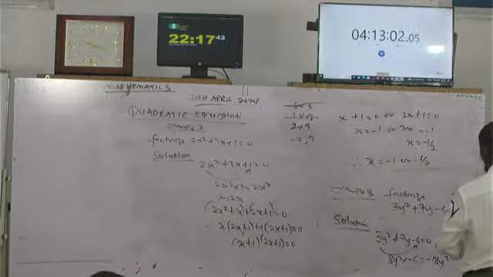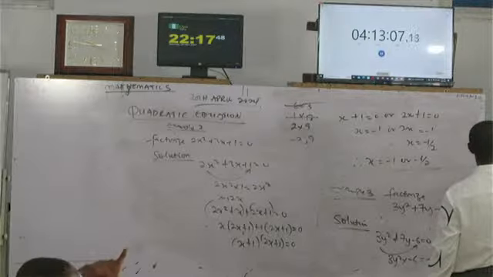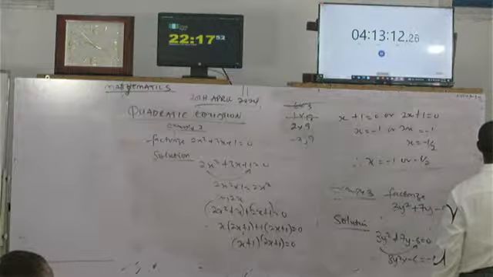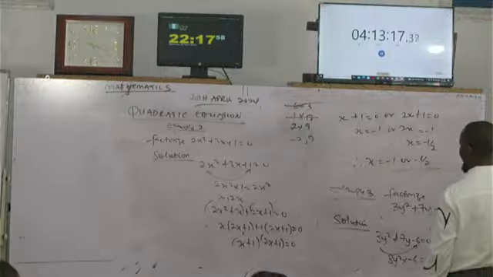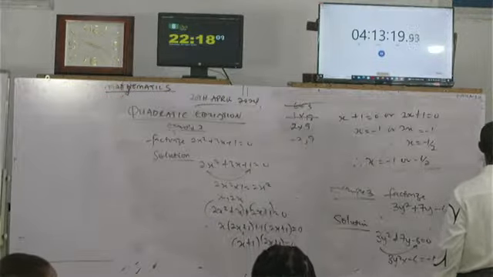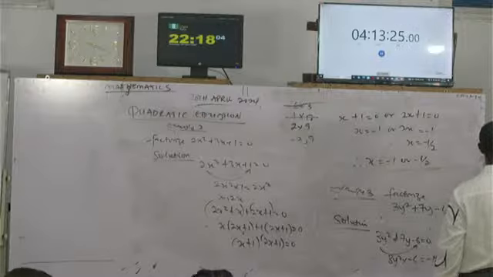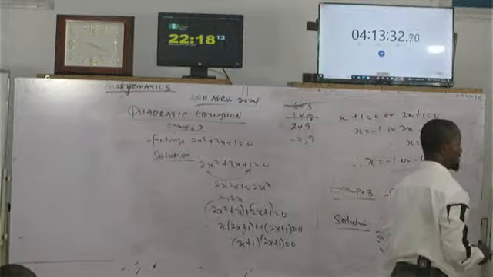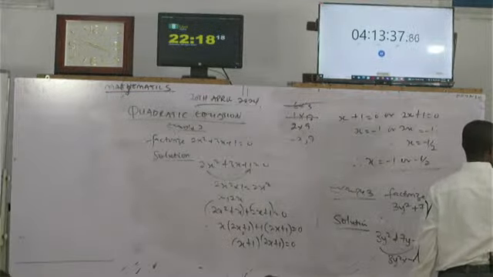So, 3y squared plus 7y minus 6 equals 0. The factors of minus 18y squared are minus 2y and 9y. Some of you understand why we get that. So we now remove this and replace it.